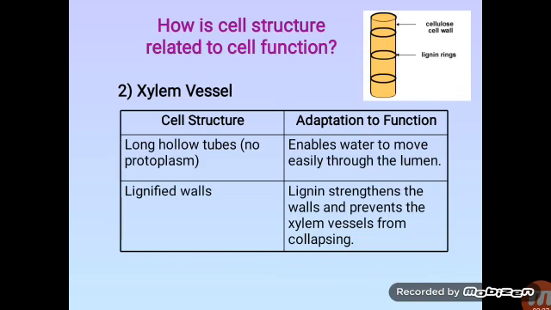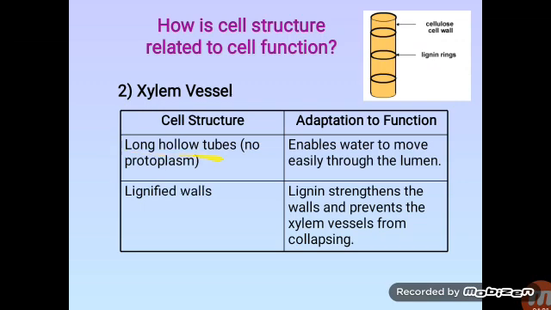So here is another type of cell which we call the xylem vessel, and you can see here a long tube, which is only present in plant cells. You can see their cell wall is made up of cellulose, and lignin rings are present. Lignin is a chemical which is present in the xylem vessel.